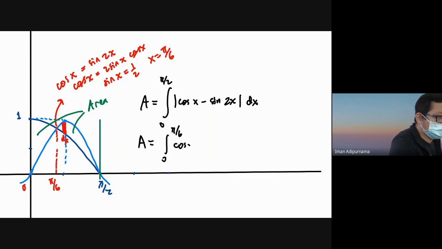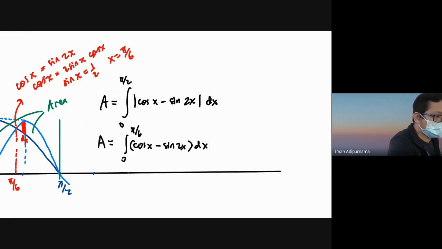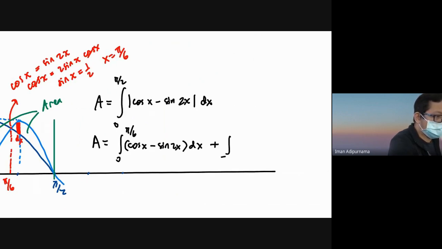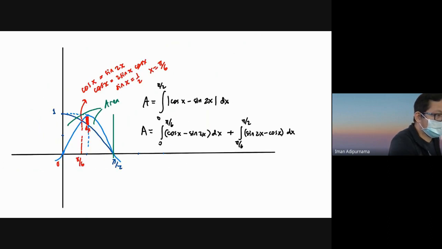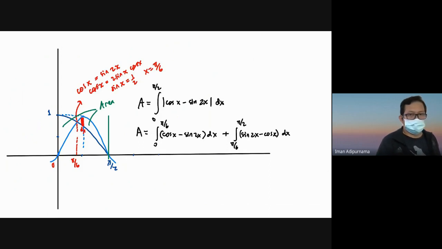this is cos x, and plus, and each one we can compute.